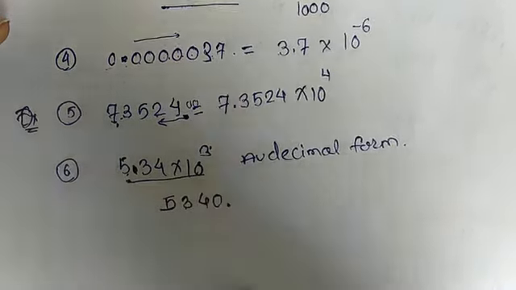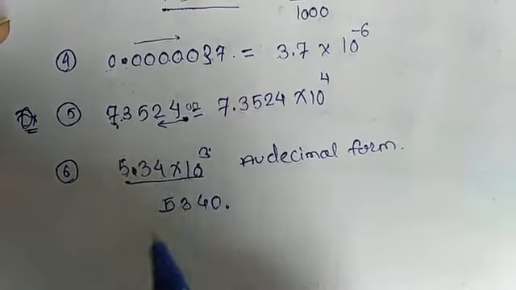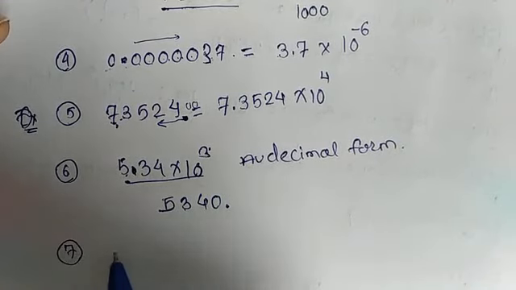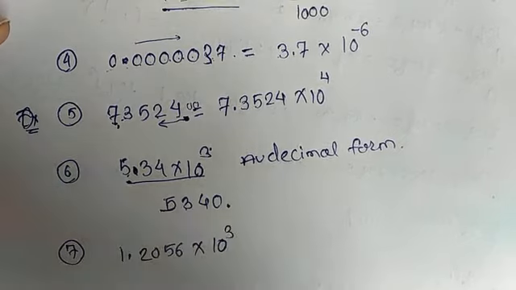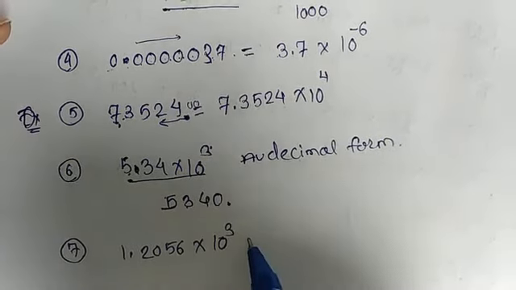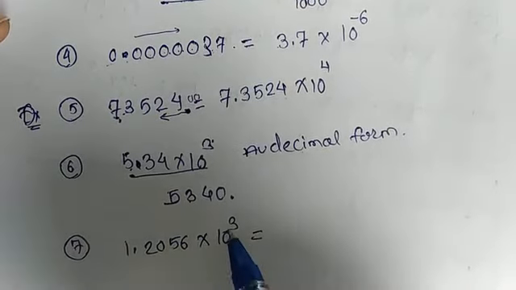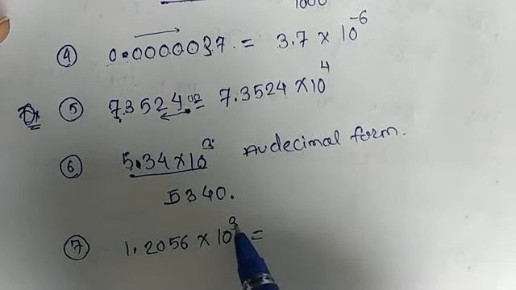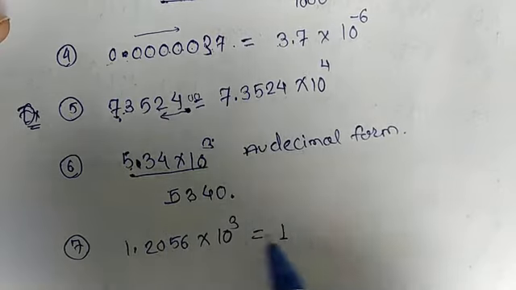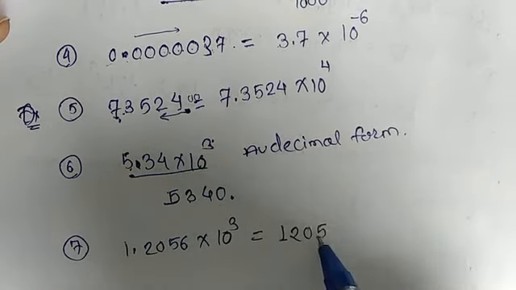Let us see another example of this type only. If you consider 1.2056 times 10 raised to 3, its decimal form can be written by shifting the point 3 places. Here it is 10 raised to 3, so write the number which we have been given, 12056, without the point.